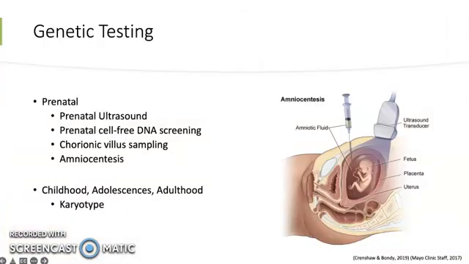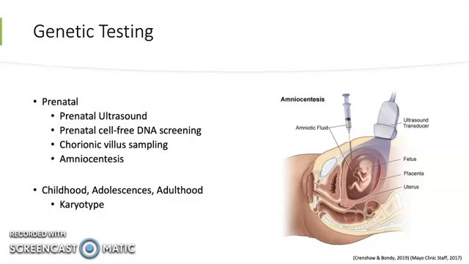Turner syndrome is a genetic condition that, like I mentioned earlier, is caused from a missing X chromosome or a partially missing X chromosome during cell division when the sperm fertilizes the egg in utero.